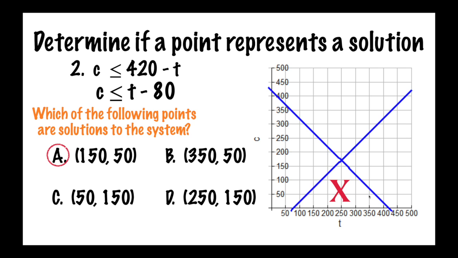That also appears to be in the region, so B is going to be a correct answer. Then I look at 50, comma 150, and that is not going to be in the graphed region, so C is not going to work. And then for D, if I look at 250, which is here, comma 150, which is here, that again is in that region, so D is also an answer. So A, B, and D work for number 2.